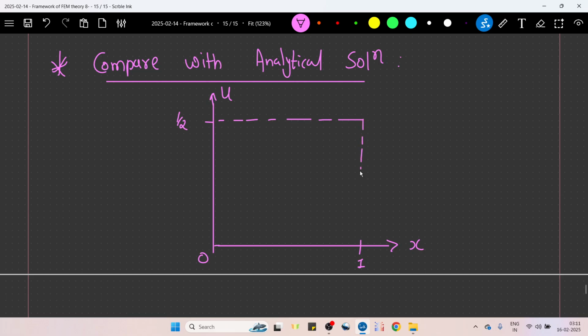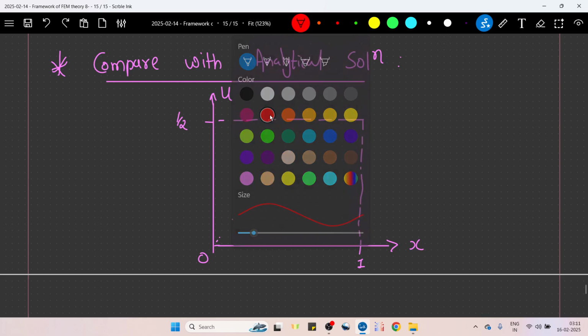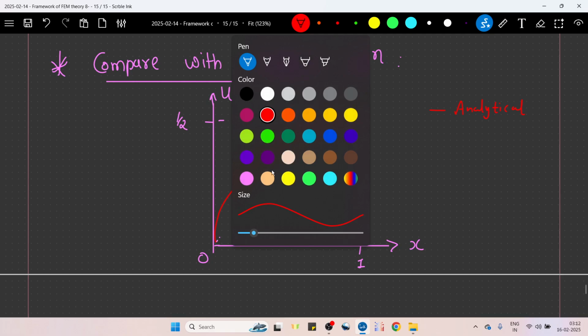So our analytical solution is this one. From the last lecture we know the one-element discretization solution, right?